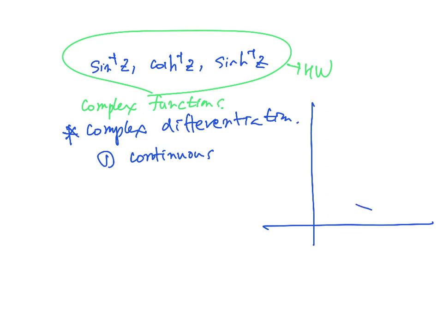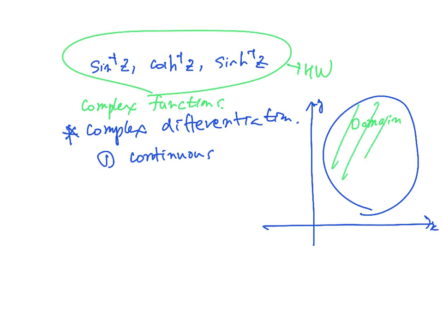So say this is x, this is y. You call this the domain, the region where your function is defined, and you call it D. Say you have a point z at some point near z0.